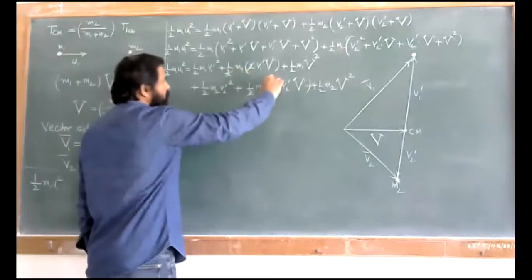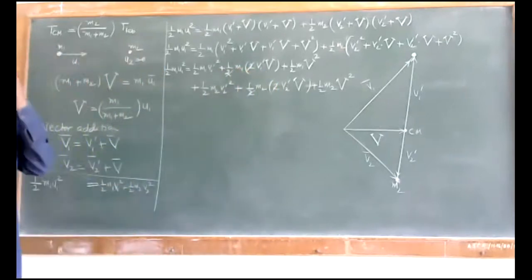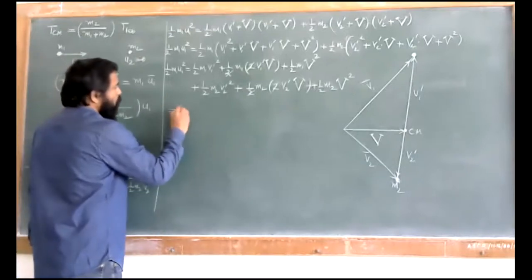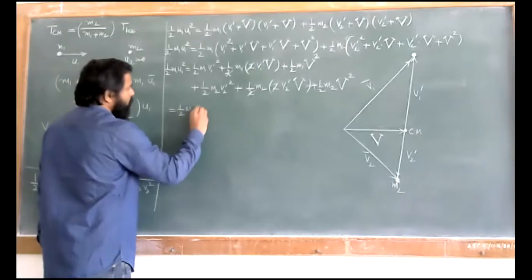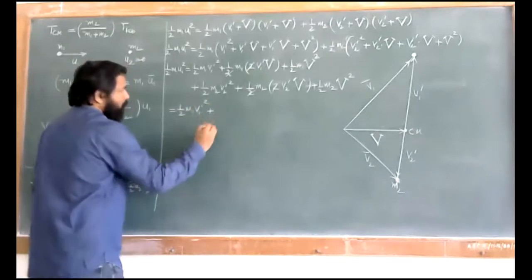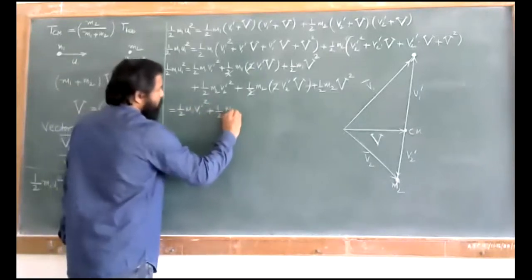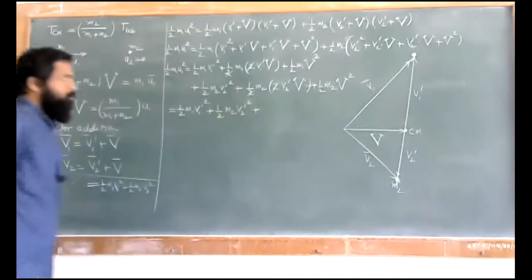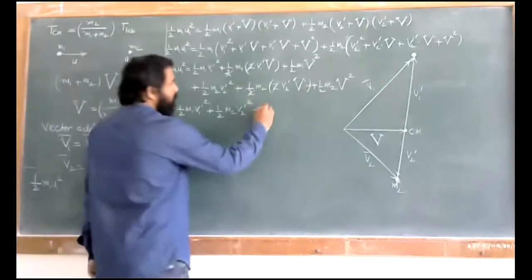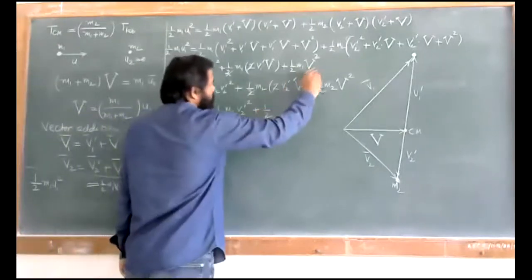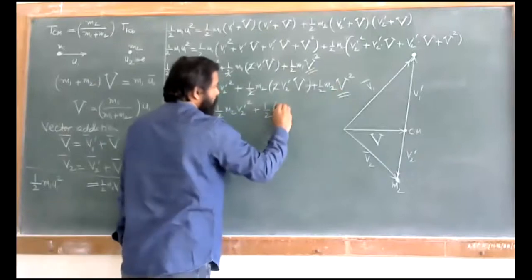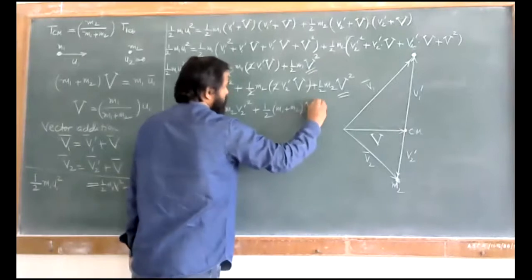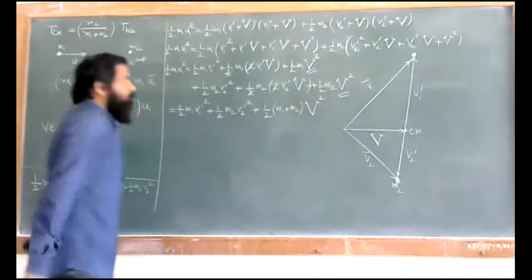The 2 will cancel, and in the same way we have a combination of the terms: equal to 1 half m1 v1 dash square plus 1 half m2 v2 dash square plus, look at these terms, 1 half m1 plus m2 into capital V square. Now what is remaining?